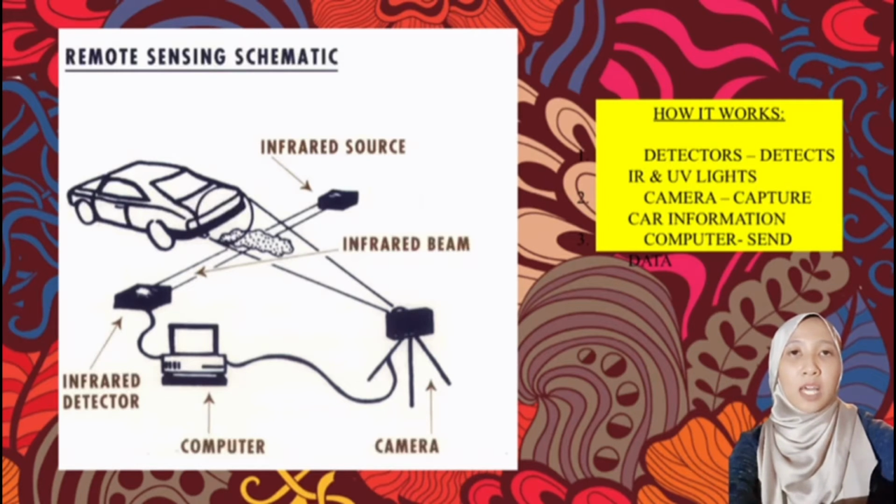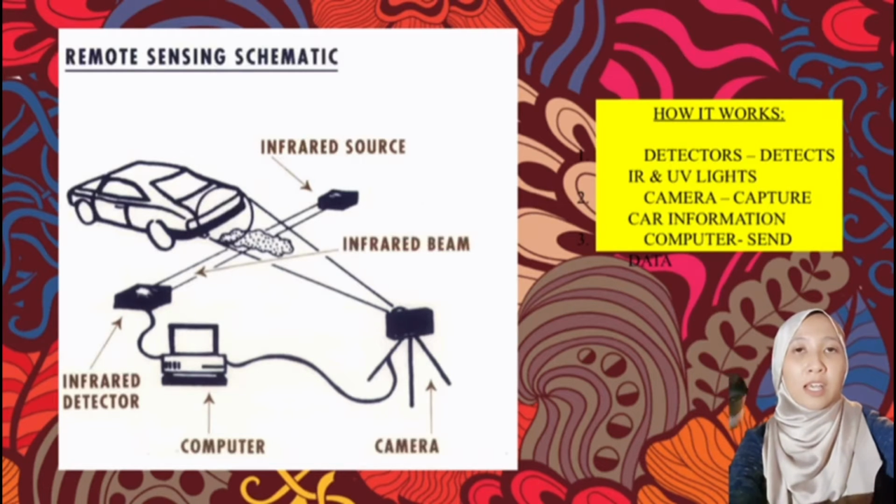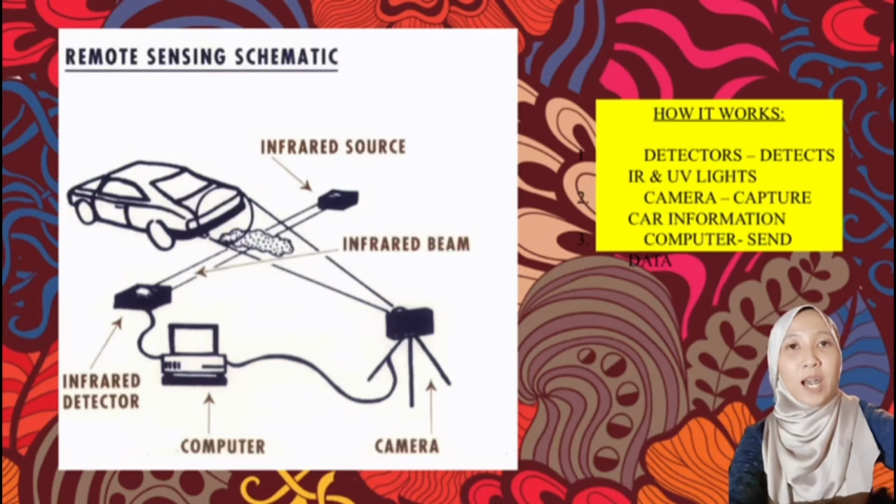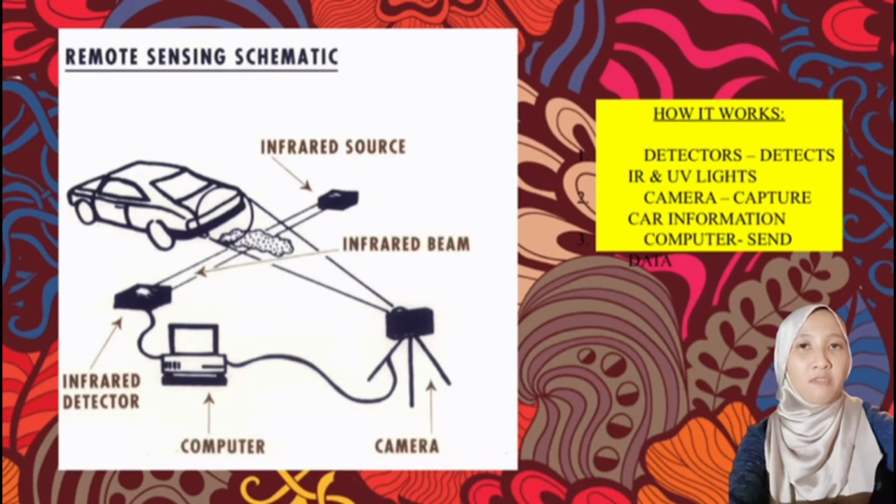The emissions are measured spectroscopically by casting a narrow infrared and ultraviolet beam of light across the road and through the trailing exhaust of the car. A mirror then reflects the infrared and ultraviolet light back to a series of detectors that measure the amount of transmitted light at characteristic wavelengths absorbed by the pollutants of interest.